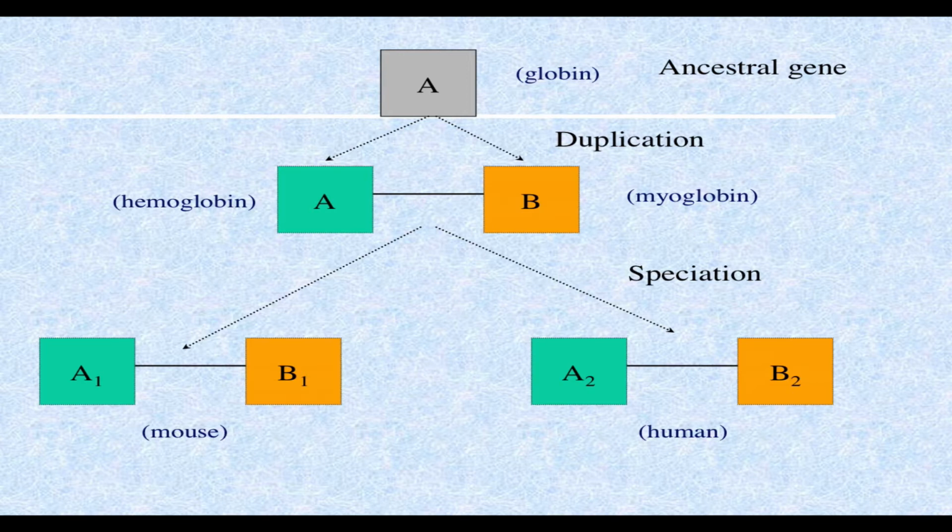It's some early ancestor, eukaryote probably. There was a single ancestral globin gene. And at some time, that globin gene underwent a duplication. And so now you had a hemoglobin ancestral and a myoglobin ancestral. Now that there are two different copies of this gene in the genome, those two copies are free to, or do in fact, undergo sequence changes independently.